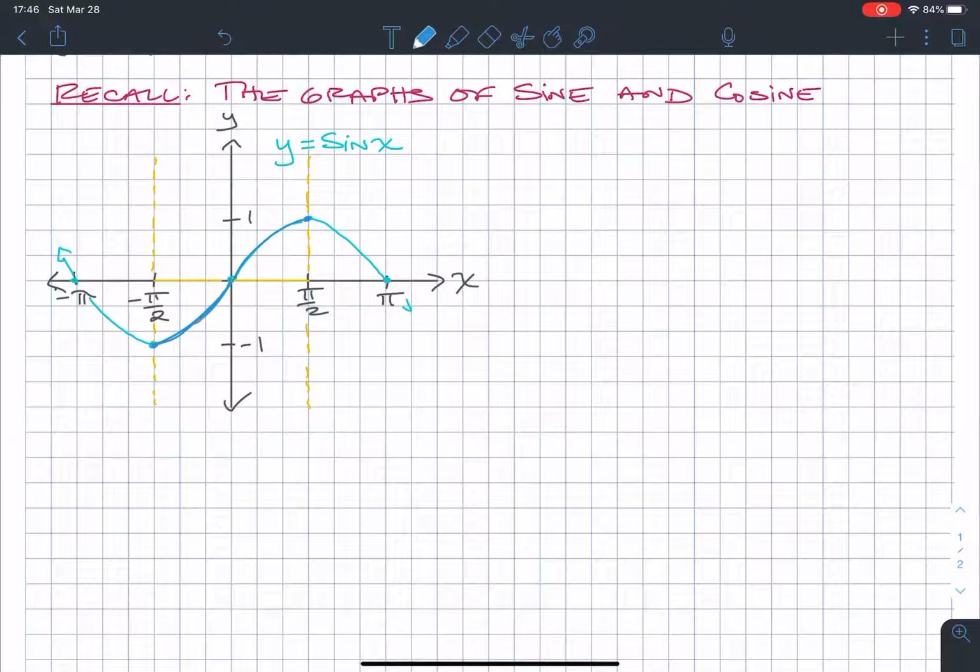Let me make it thicker so we see which portion I'm looking at. So I can take the inverse of that portion because only that portion, or others like it, are one-to-one.